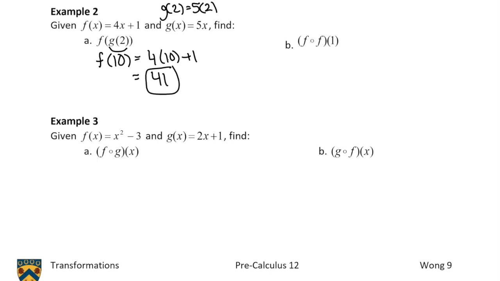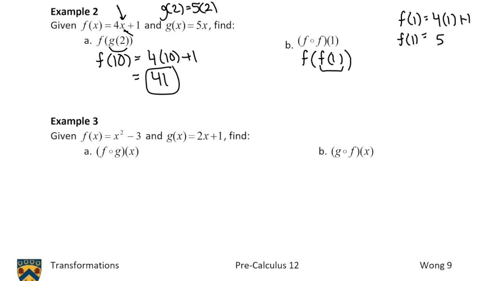In our previous examples, we've had f's and g's. This is saying we have f of f of 1. It's equivalent to writing f of f of 1. And working from the inside out right here, if we substitute a 1 in for 4x plus 1, where there's an x, you replace that with a 1, and f of 1 would be equal to 5.